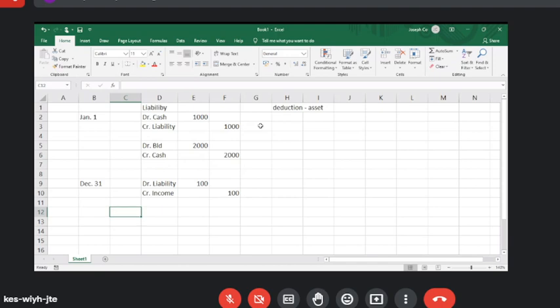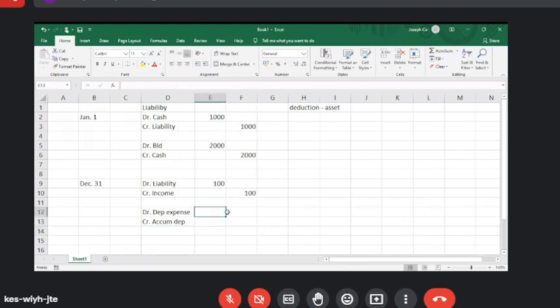Ano sabi natin? Useful life 10 years. Debit depreciation expense and accumulated depreciation. Where we have 2,000 divide 10.